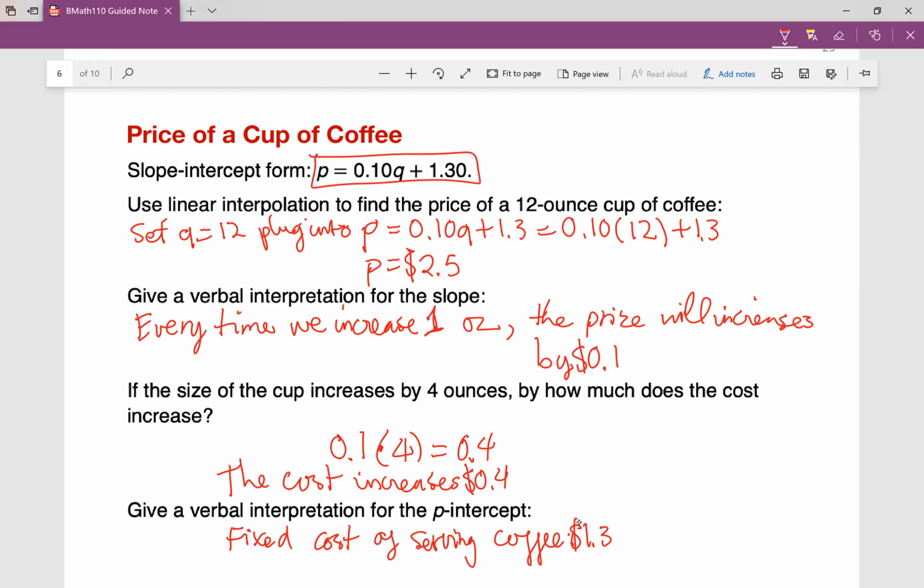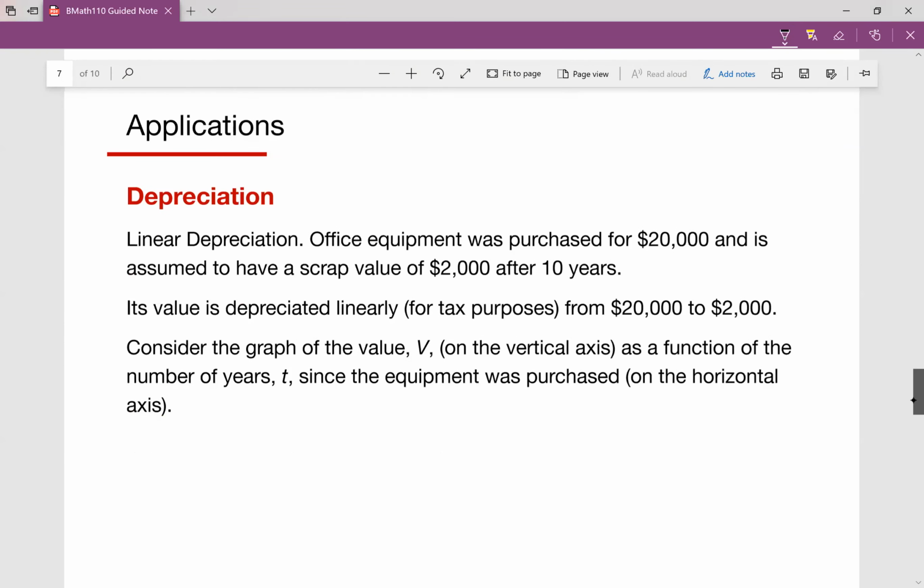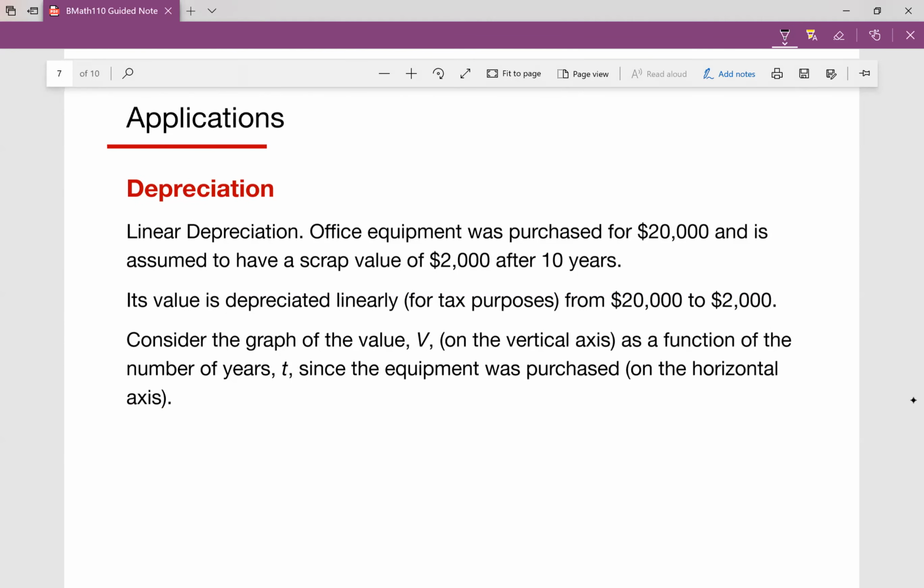So you see that the fixed cost is over here. All right. So anything else? Oh, you can keep moving down and see the application.